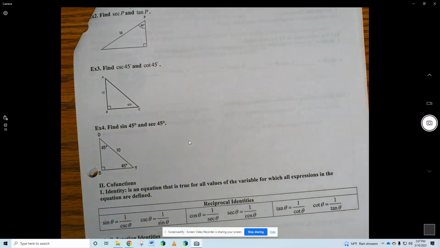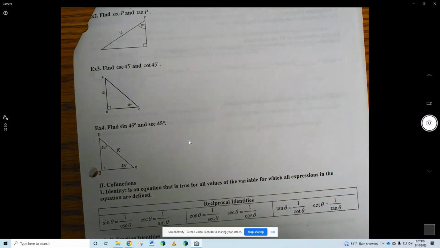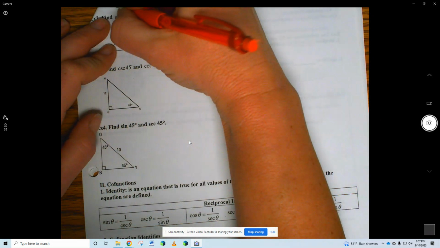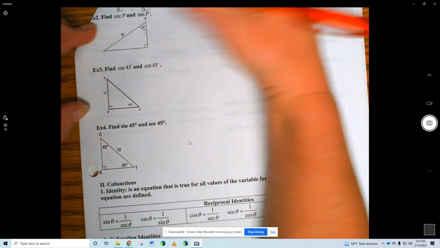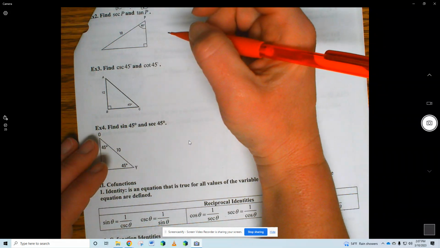You're going to find secant of P and tangent of P. Secant is hypotenuse over adjacent. Tangent is opposite over adjacent. So go ahead and do those.